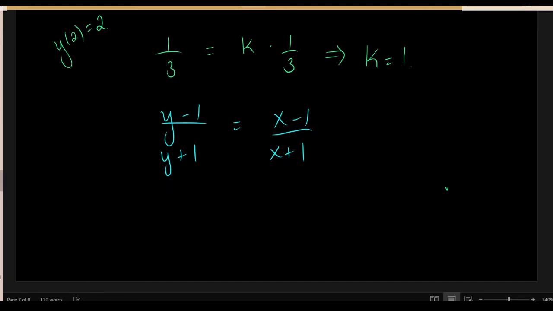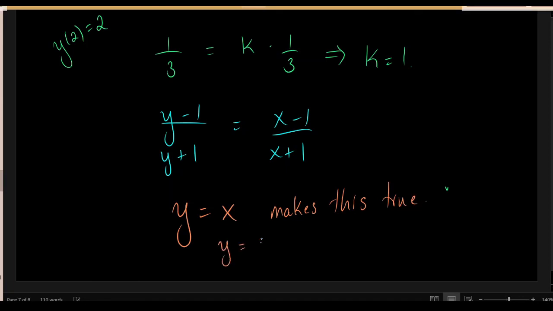These two expressions would be absolutely identical in the case that x is equal to y. And therefore, the function y equals x makes this equation true. And therefore, the function y equals x is the solution.